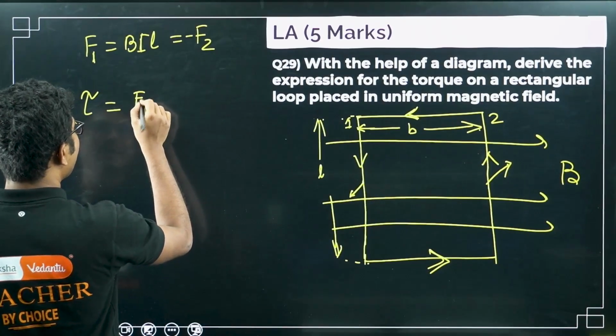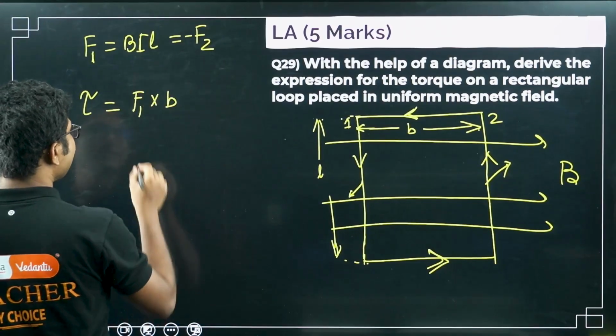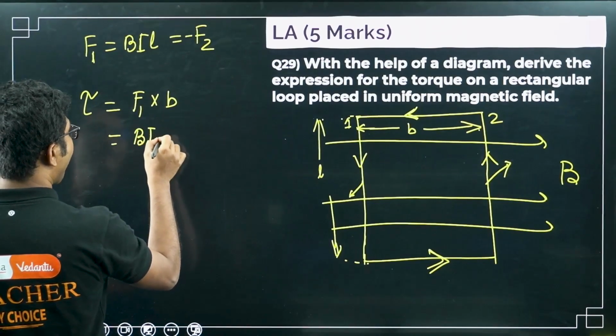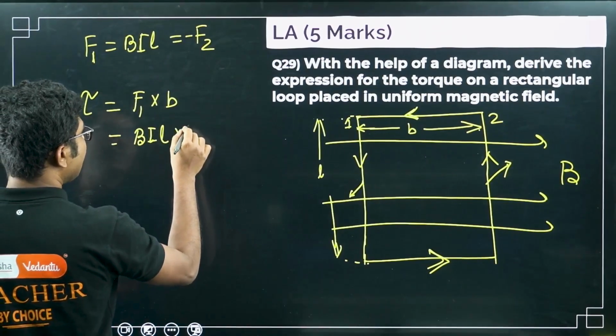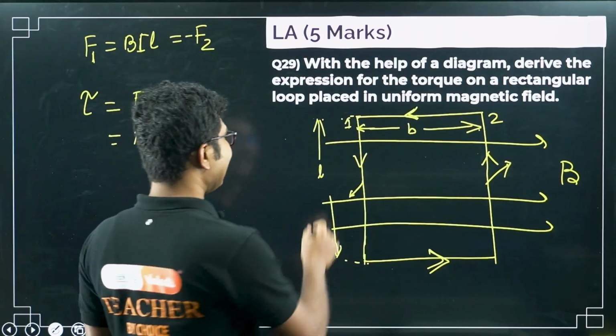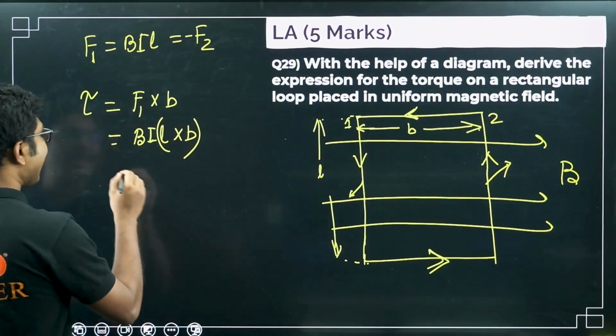So F1 times the distance between them. F1 is BIL times B. Now what is L times B? L is length, B is breadth, so L times B gives the area.